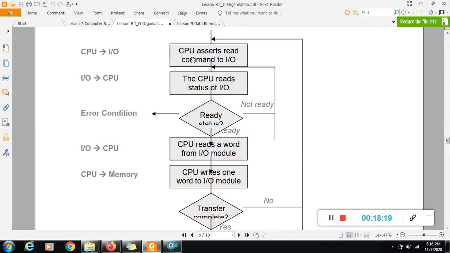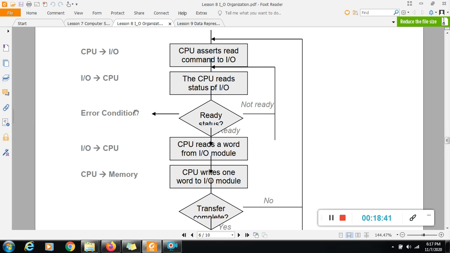So in programmed I/O, what happens? CPU asserts a read command to input-output. CPU reads the status of input-output. Is the input-output ready? Not ready? CPU reads the status again. Ready?